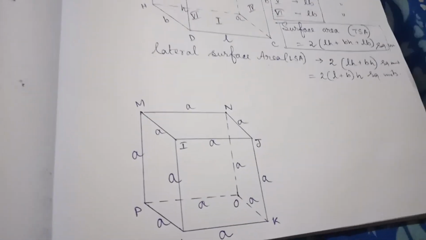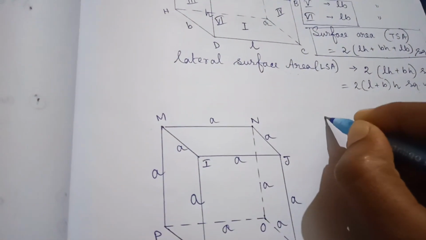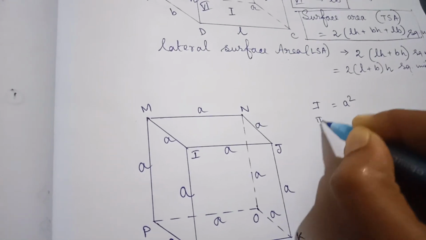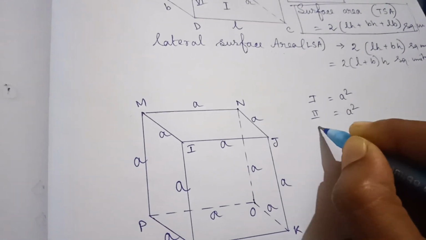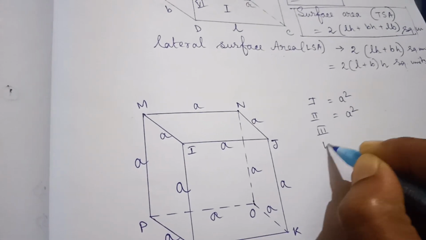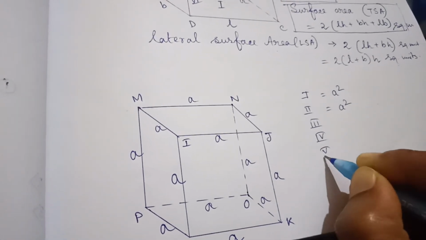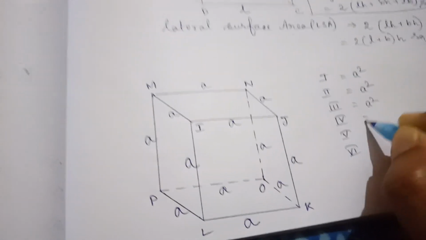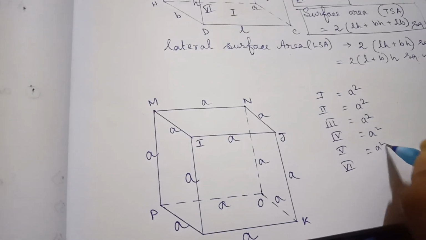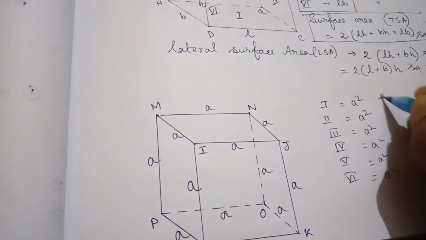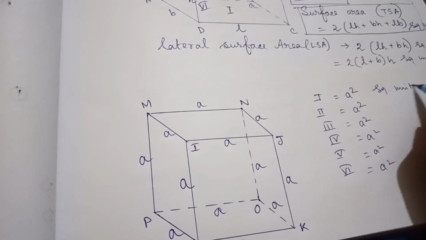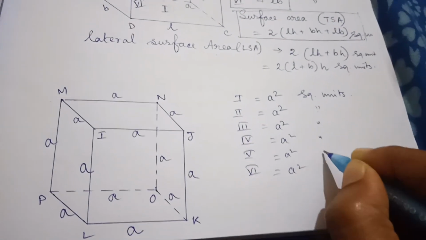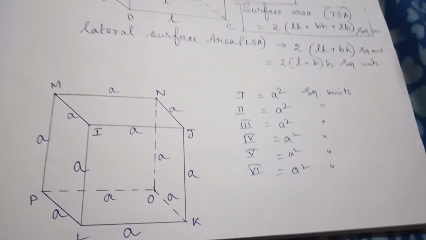Now the front face, number 1, will be A square, number 2 will also be A square, as well as number 3, 4, 5, 6. Everything will be A square, square units.